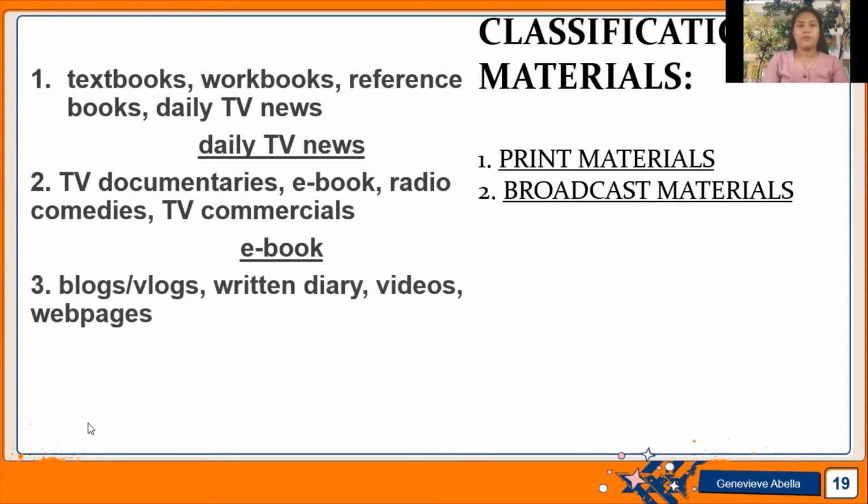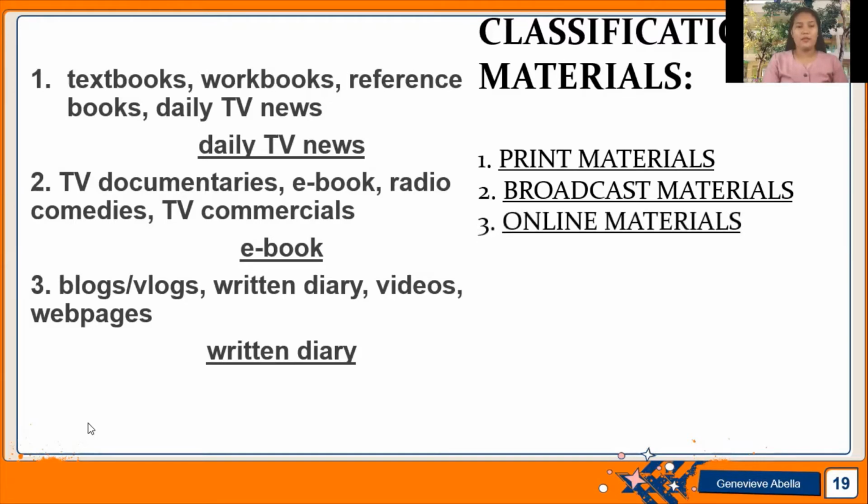Number 3, blogs, vlogs, written diary, videos, web pages. Which of the following materials does not belong to the group? It's the written diaries. How do we classify the remaining materials? These are online materials.